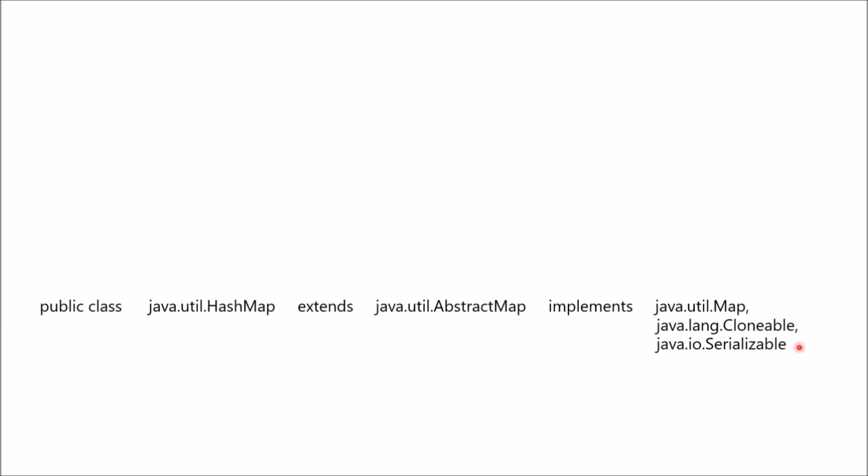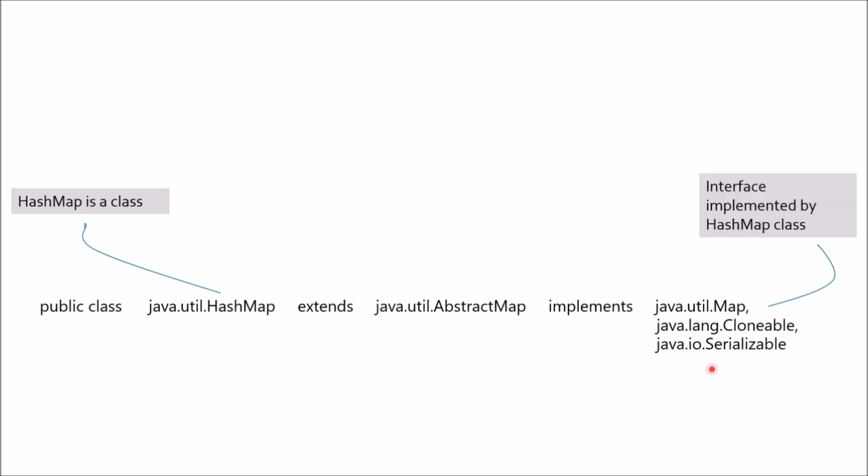Now, why did I choose this example? It is one of the most common collections used in every project in Java. So HashMap is a class, and Map, Cloneable, and Serializable are interfaces implemented by HashMap. And AbstractMap is an abstract class.